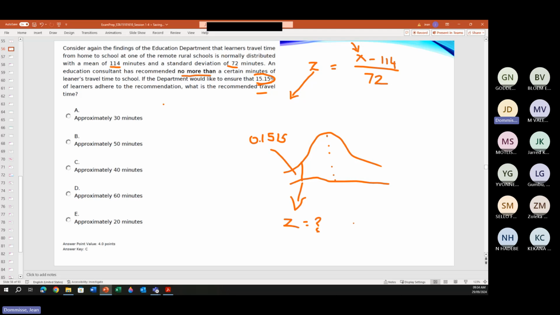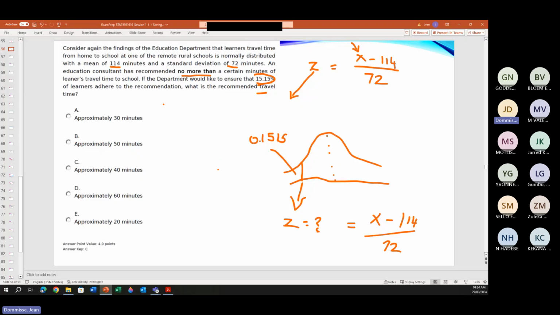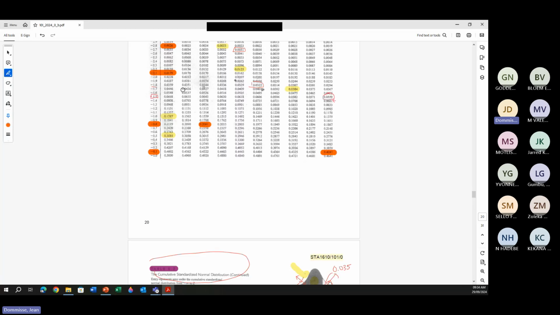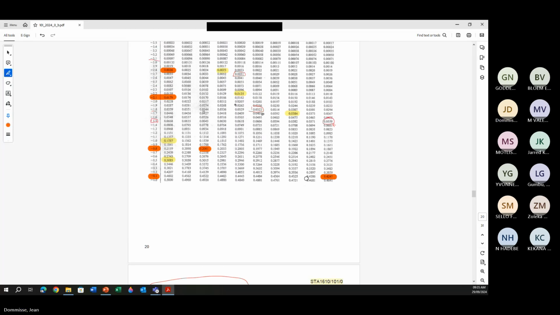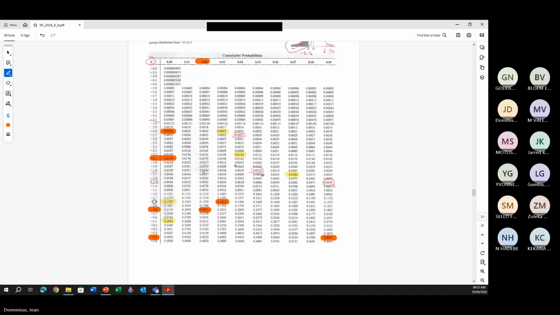That Z value is going to be equal to X minus 114 over 72, so that we can work out what the X is. Okay, so negative Z table, 0.1515, we need to look for 1515. Okay, so that is minus 1.03.